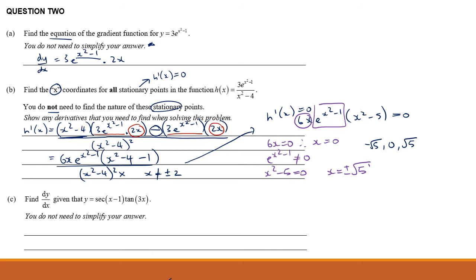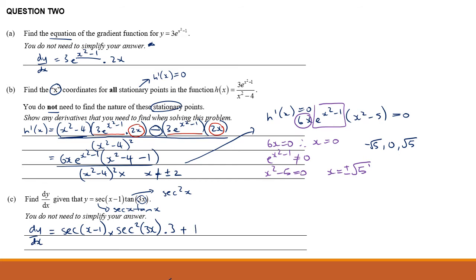And for the last one here, this is a product rule. Remember from my formula sheet, sec x goes to sec x tan x, and tan x goes to sec squared x. So dy by dx therefore is product rule. Write down the first one, sec x times the derivative of the second one, so that's sec squared 3x times 3, because you've got to derive, using the composite rule, that middle part.